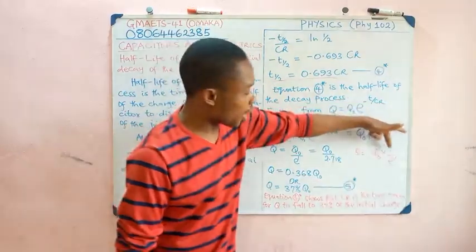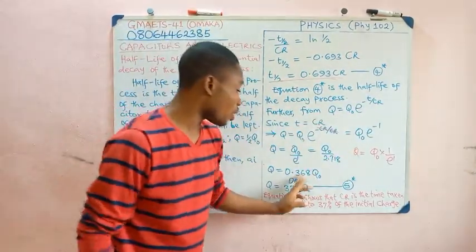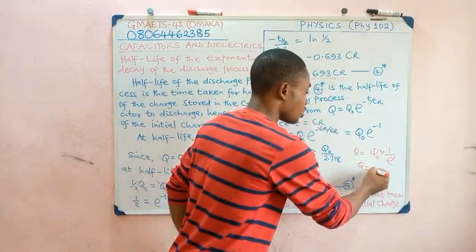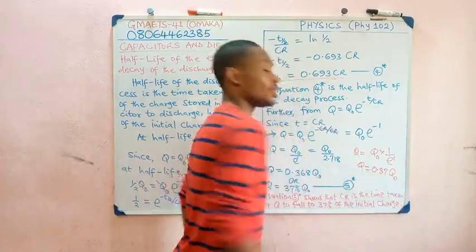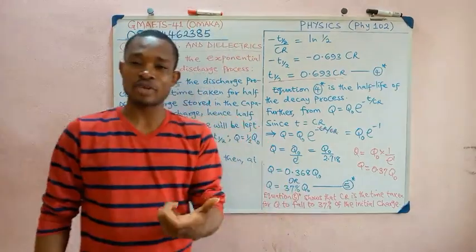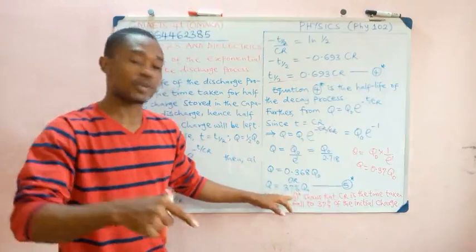So if you press 1 over 2.718, it's going to give us 0.368, which I can still write approximately as Q equal to 0.37 Q naught. Now if you multiply this 0.37 by 100, you get a value in percentage. And that is why we have equation 5 star: Q is equal to 37% Q naught.